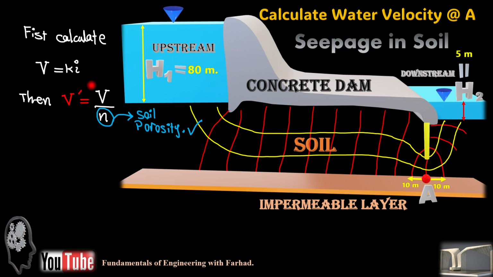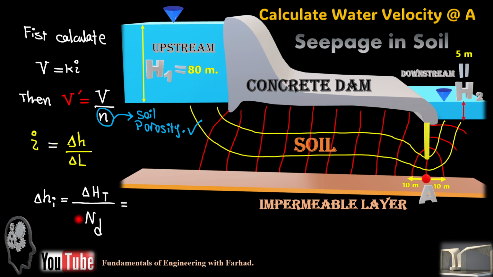Then after having this part, divide that by the porosity of soil to get the velocity at the given point A. At the same time, we know i is delta H over delta L. Hydraulic gradient is nothing but how much head the water loses when it travels through a specific length in soil, which in our case is 10 and 10, which is 20 meters.